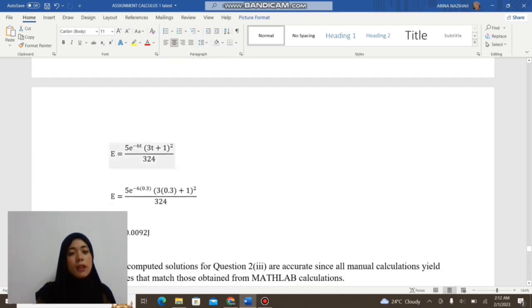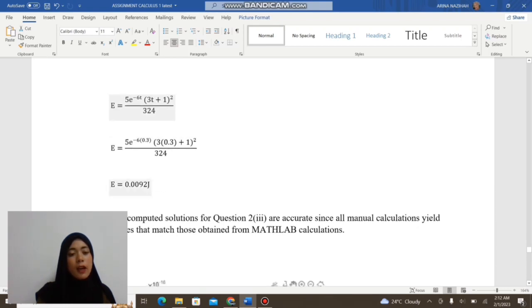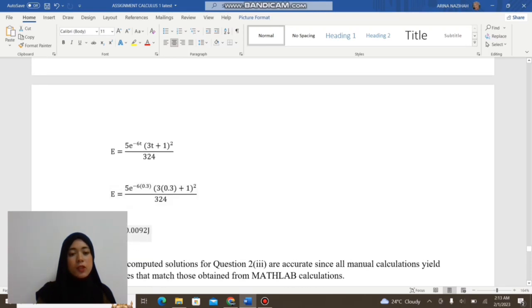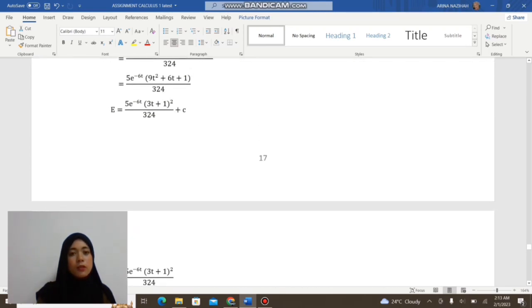Then we got the answer 0, and we replace t with 0.3. So here also, we got the answer 0.0092 J. J means joules.